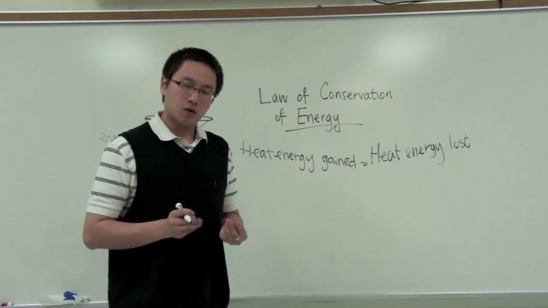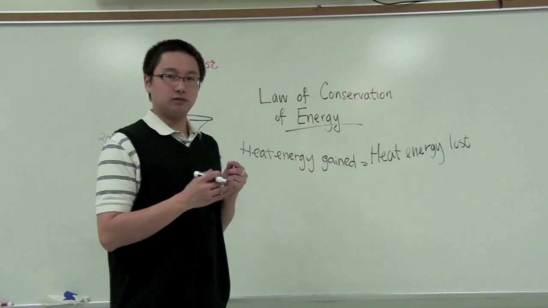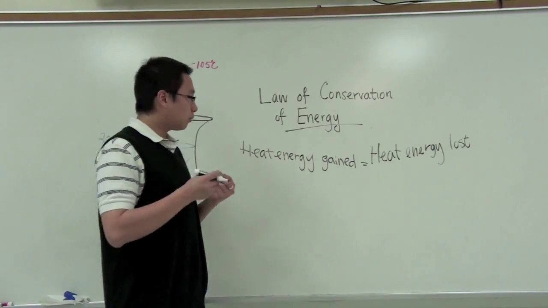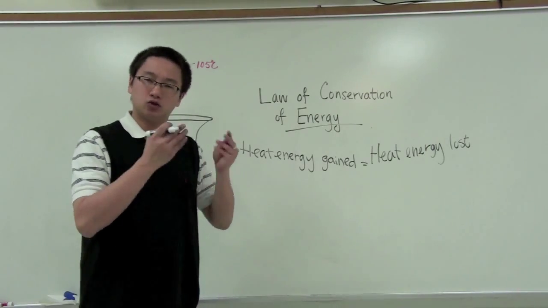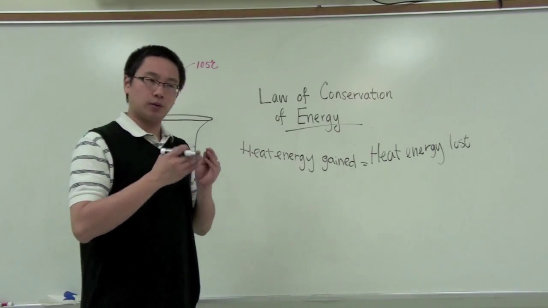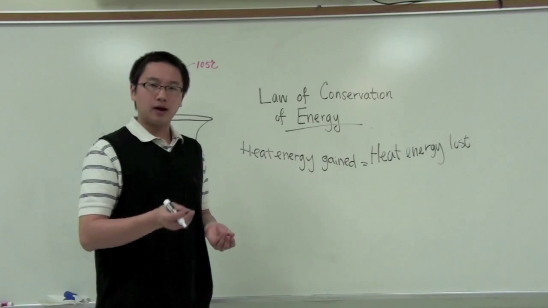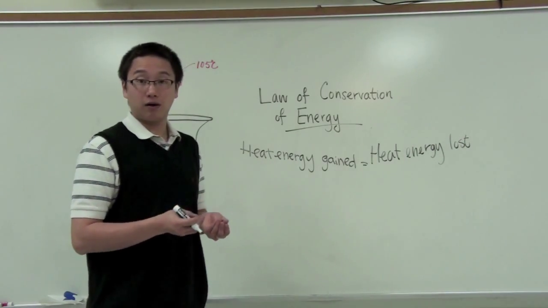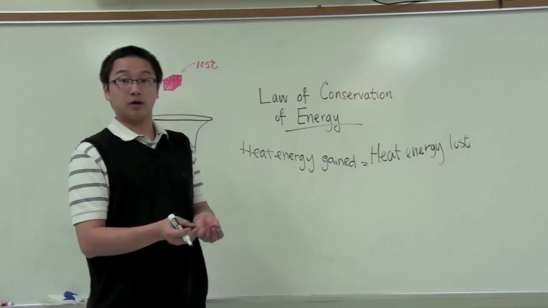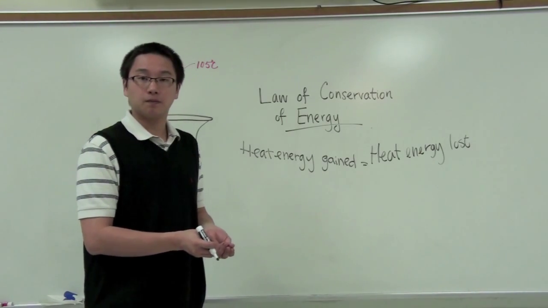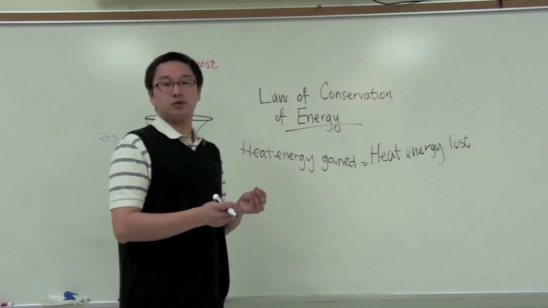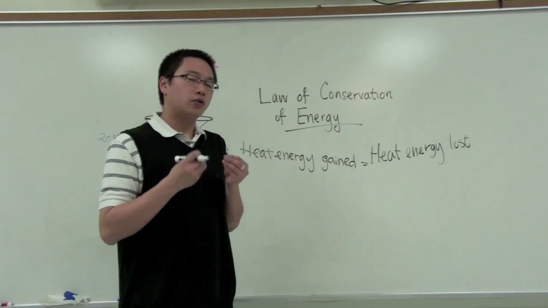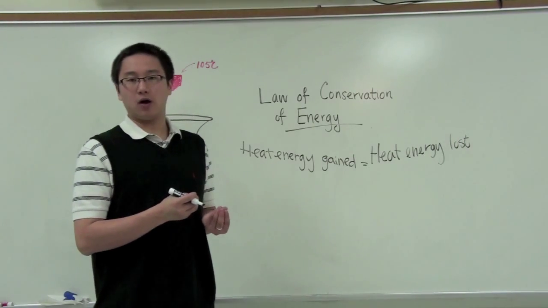Now, when you look closer, this statement doesn't make perfect sense, because when we do the calculations of just the energy gain or energy lost, we realize that sometimes the number we calculated would be positive, sometimes it will be negative. And the reason why sometimes it will be positive or negative all depends on the direction of the energy flow.